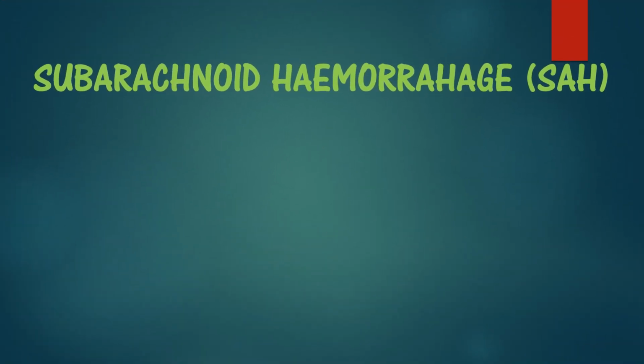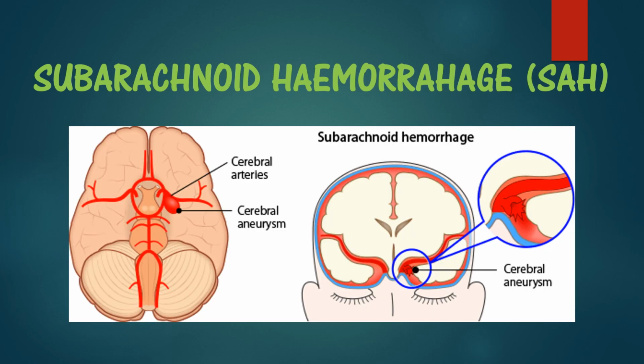Now we will deal with subarachnoid hemorrhage. So this is the circle of Willis, as we all know. In the circle of Willis, the middle cerebral arteries can present with an aneurysm, which is known as Berry aneurysm.